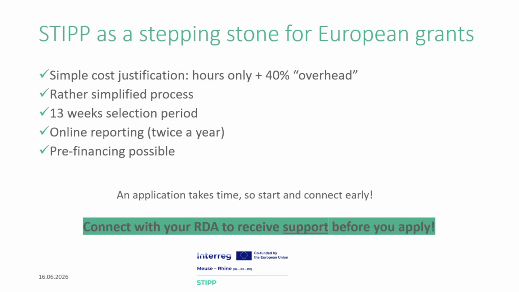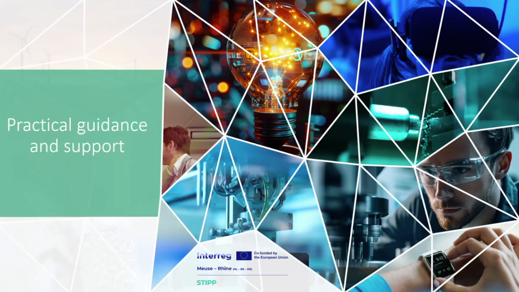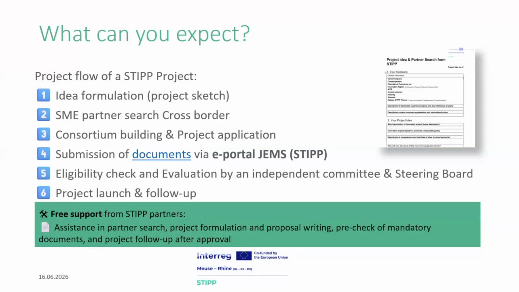And we wanted to share some guidance for this. So what can you expect if you want to apply for a STIPP project? We start with the ID formulation. So if you have an ID on innovation, you can fill in a project ID form. There you define what your project ID is, but also if you're still missing certain expertise.